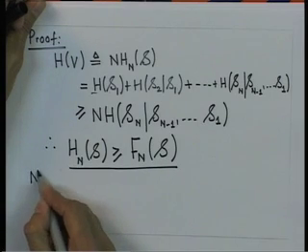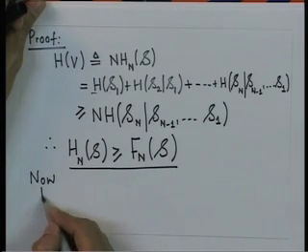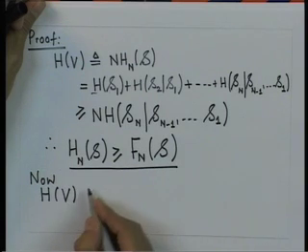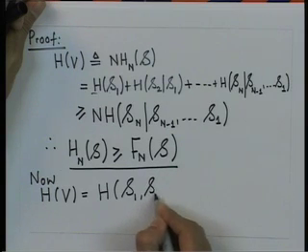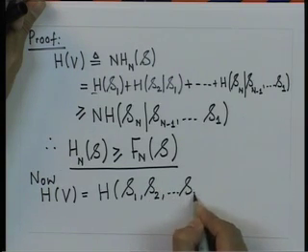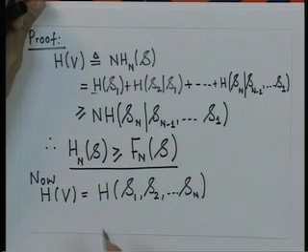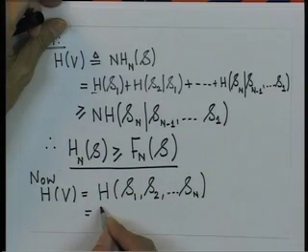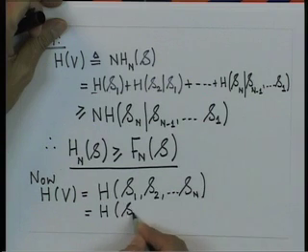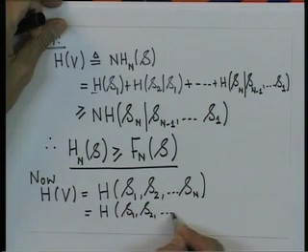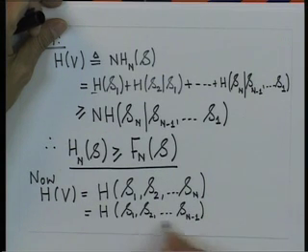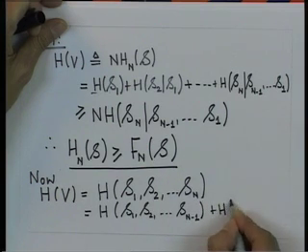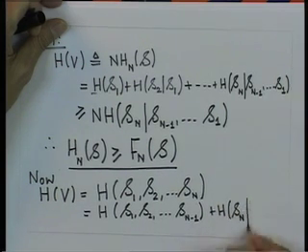Now, H of V is equal to H of S1, S2 up to Sn. This joint entropy can be broken up as H of S1, S2 up to Sn minus 1, the joint information which I have from n minus 1 symbols, plus the additional information which I get from the nth symbol.